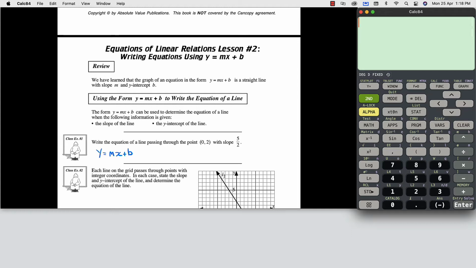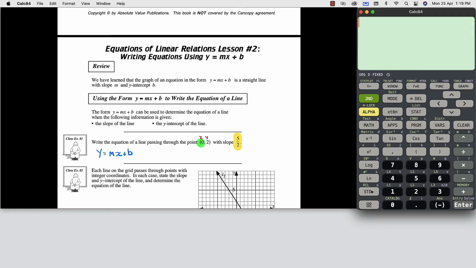So the information they give us is that there's a point, that's the x and the y. So in this case, x is equal to 0. That tells me that 2 is going to be on the y line, which is the y-intercept. So the y-intercept is 2, and the slope given to us is 5 over 2.